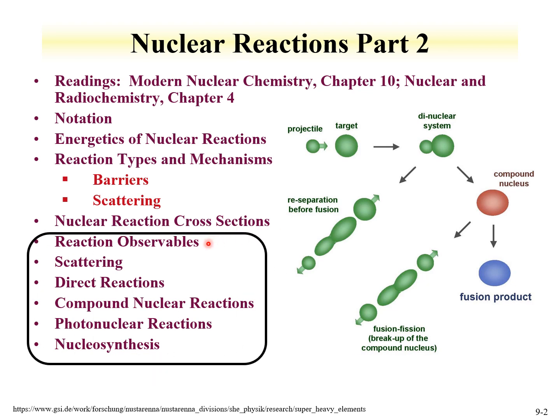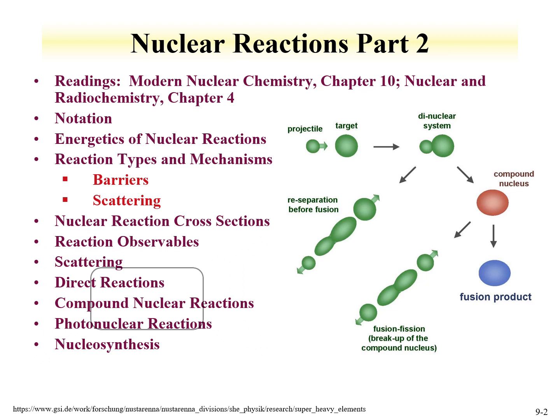Part 2 is going to cover some reaction observables, and discuss different types of reactions, including scattering, direct reactions, compound nuclear reactions, where the projectile and target fuse together, and reactions with photons, photonuclear reactions. Then we'll complete the lecture on nuclear reactions with the discussion of nucleosynthesis.